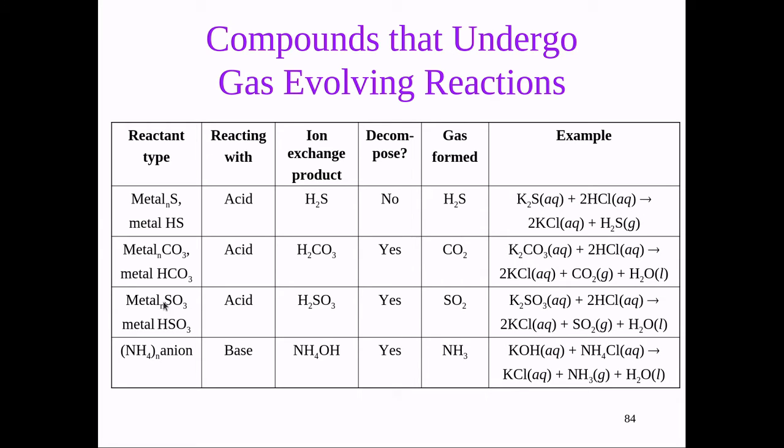A metal with SO3, or sulfite polyatomic, react that with an acid. Again, we're producing H2SO3. It does decompose, and it decomposes down into SO2 gas. Another one would be ammonium, and then you treat that with a base.